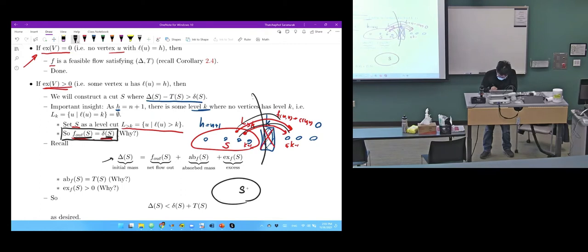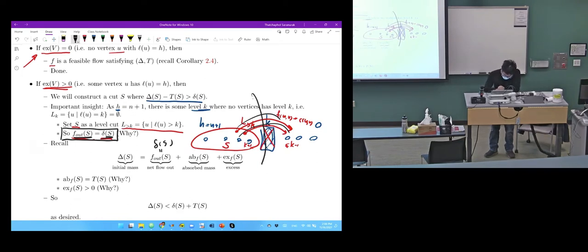If you take any S, you can say that the initial mass that originates in S can either go out of S, or be absorbed inside S, or remain as an excess in S. Those are the only 3 choices that can happen for each unit of the mass that originates in S, right? So we have this equality, and now let's analyze it one by one. This one is the cut size.